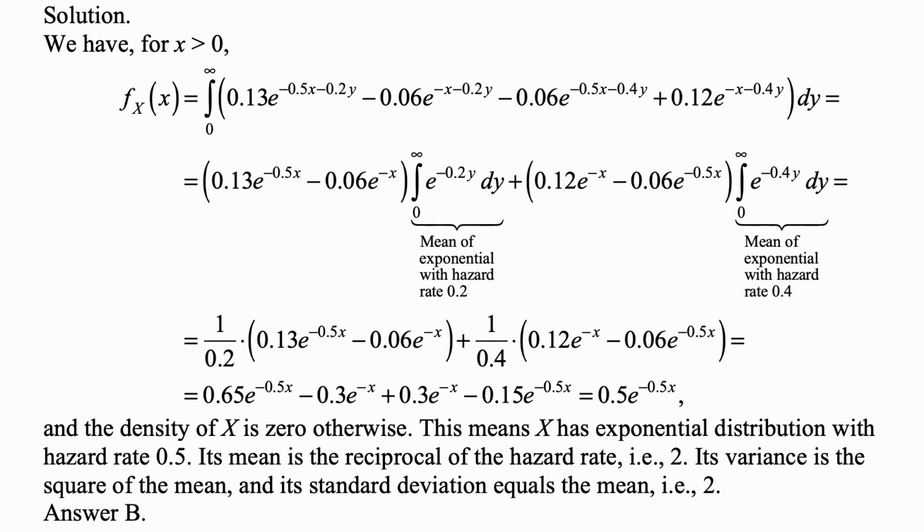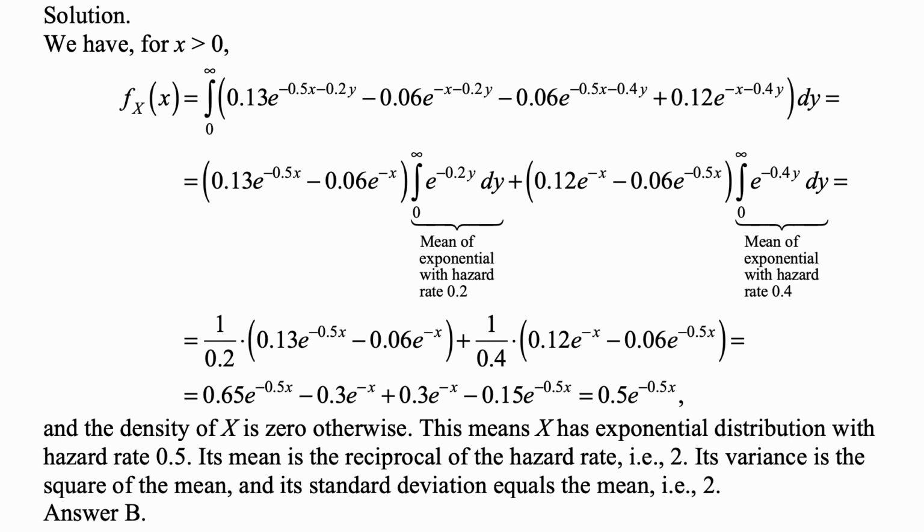And here's a solution. For positive x, we calculate the density of x as the integral over all possible values of y of the joint density where it's positive. So from 0 to plus infinity with respect to y.